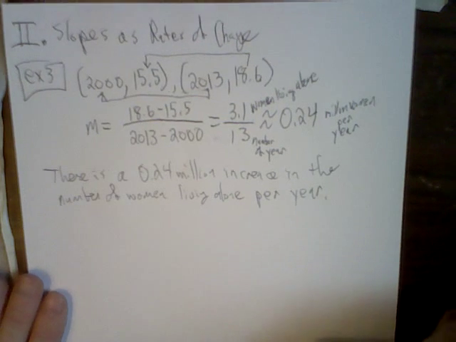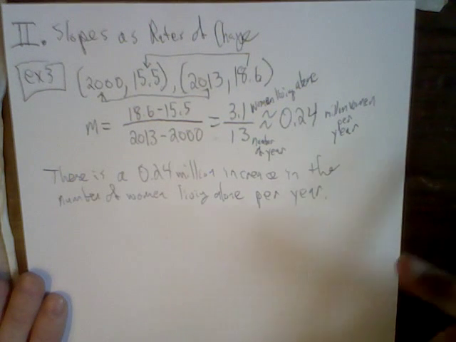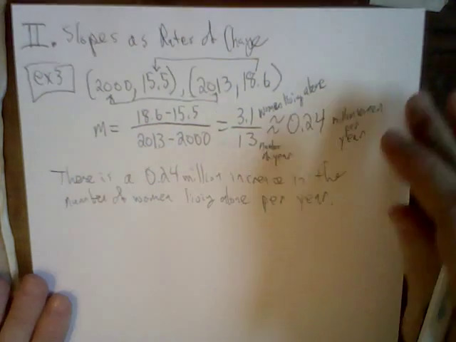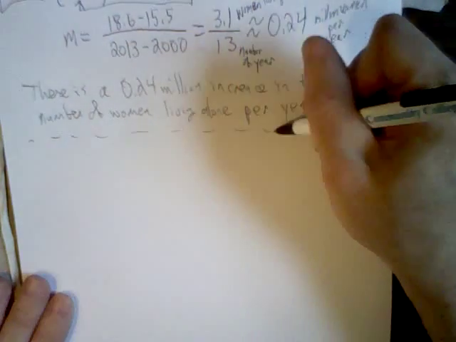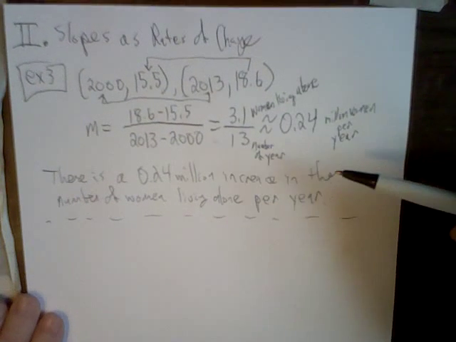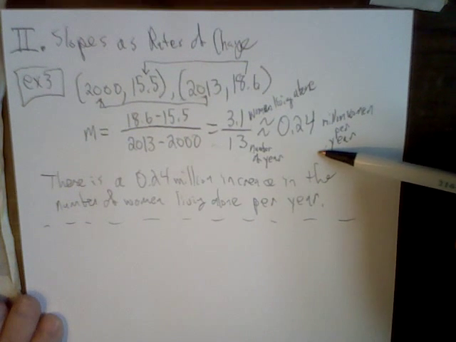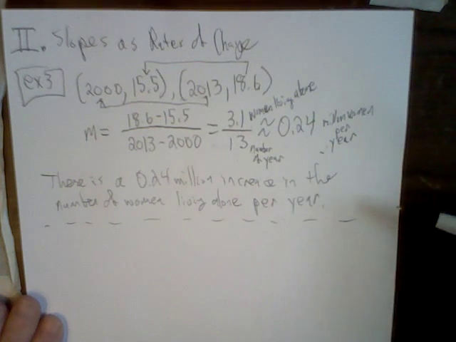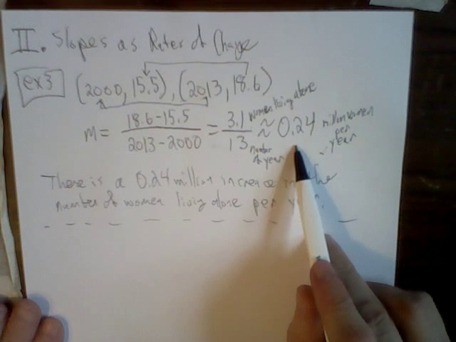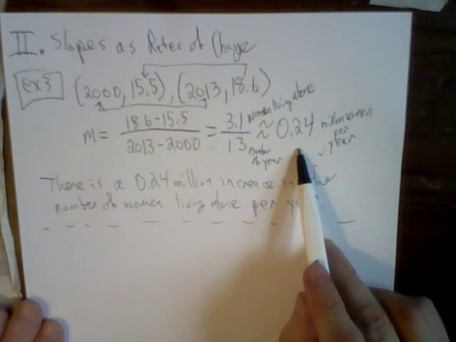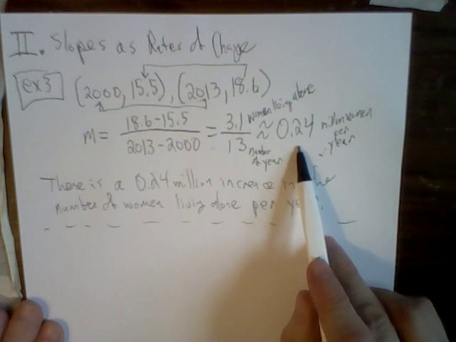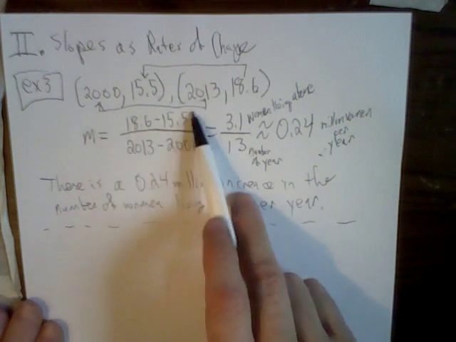So for linear functions, for equations of lines, the slope is constant. Okay. You can imagine in this problem here, it probably varies from year to year. So it's not going to be like in 2050. I bet the increase in the number of women living alone per year is not the same as it is in this interval.